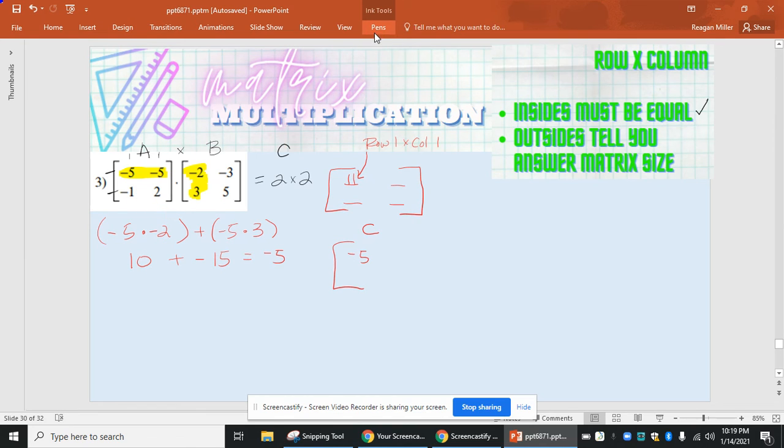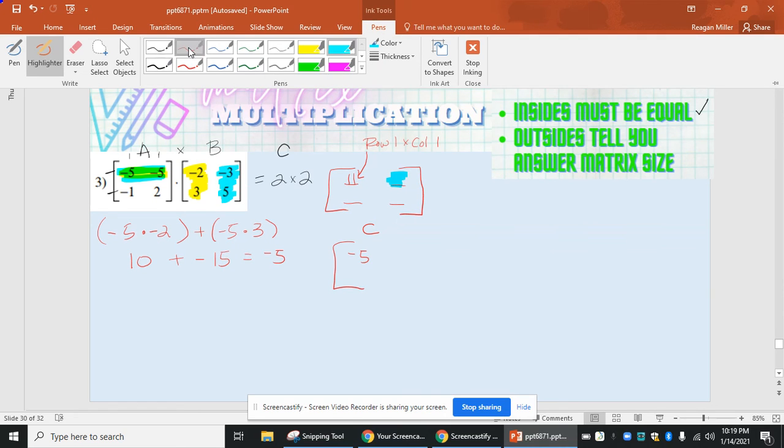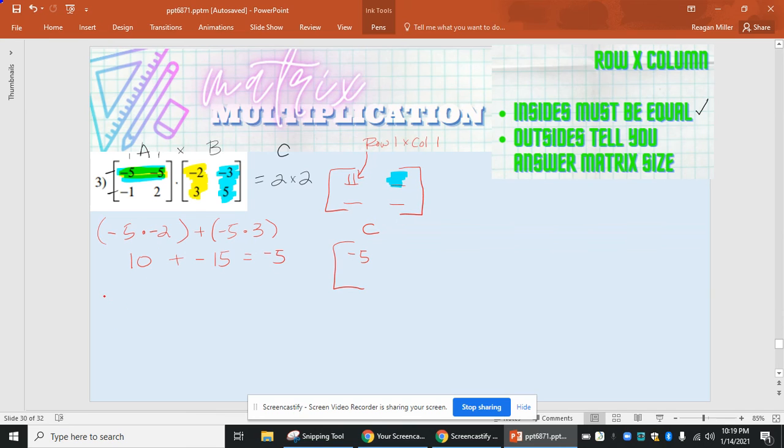So let's look at the next one, for this position here, which we call position 12. We're still going to use row 1, but this time we're going to multiply it by column 2. So if I take -5, that first number here, and multiply that by -3, and I add that to -5, that second number, multiplied by 5.